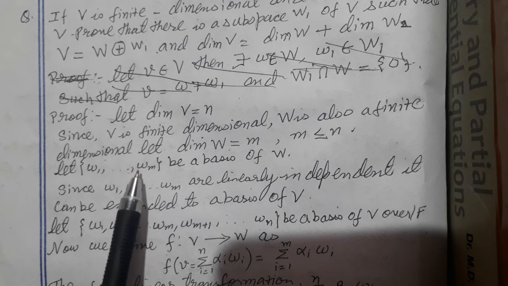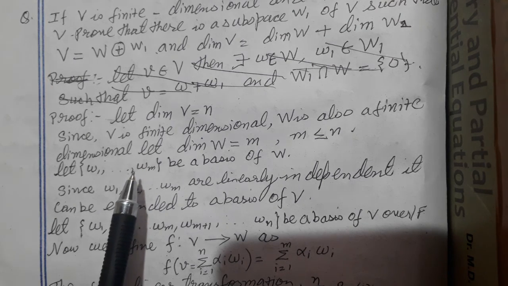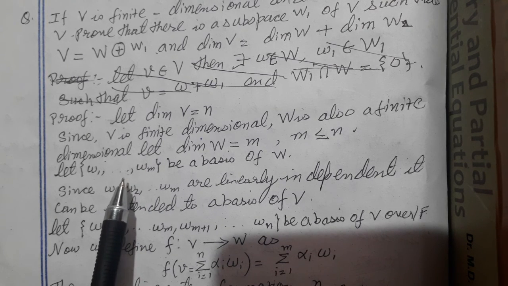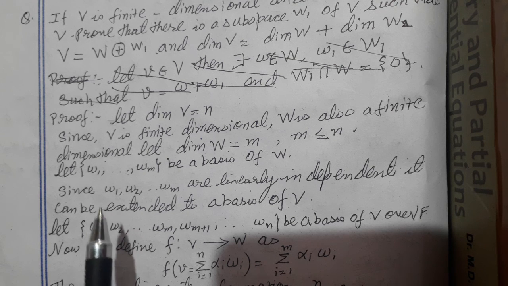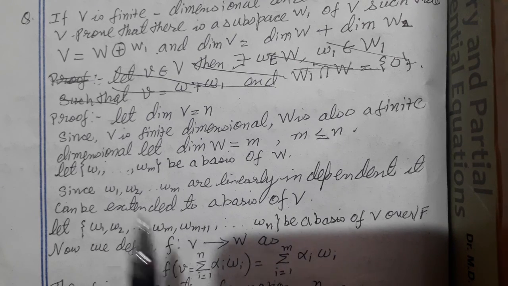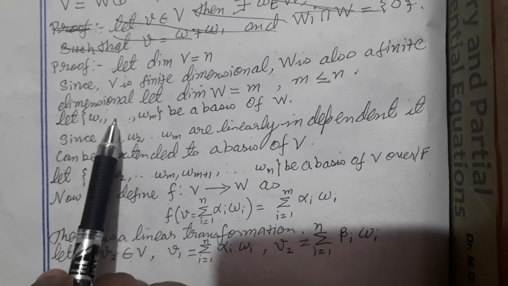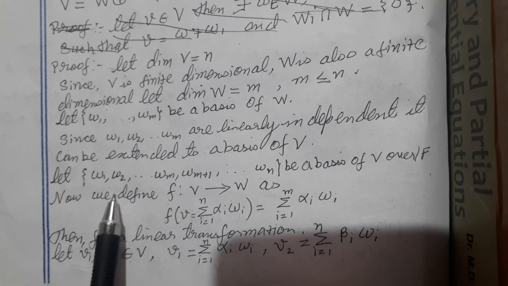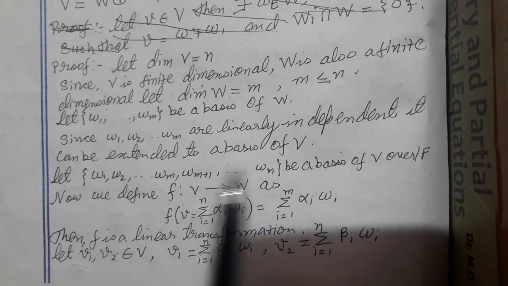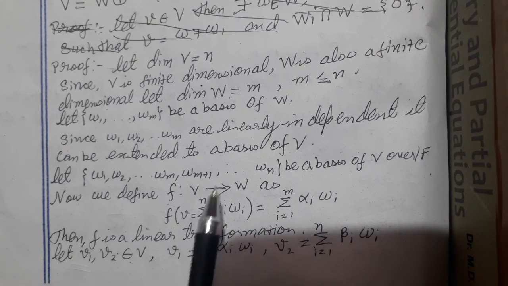Now this is a linearly independent set present inside V, so it can be extended to form a basis of V. I'm extending this linearly independent set to become the basis of V over F. Okay, now this is the basis of V.